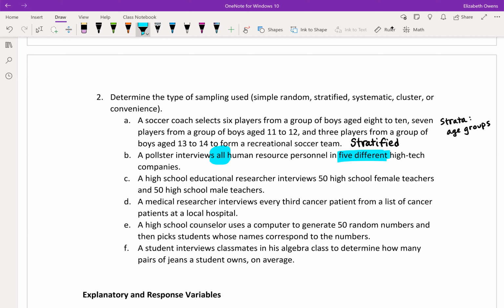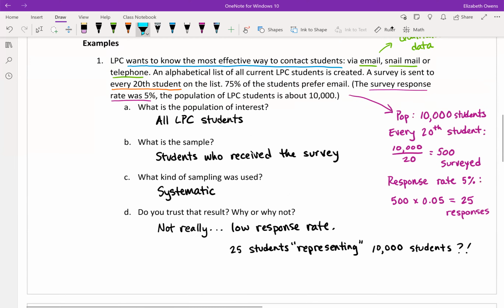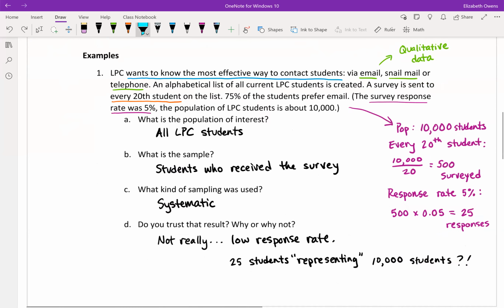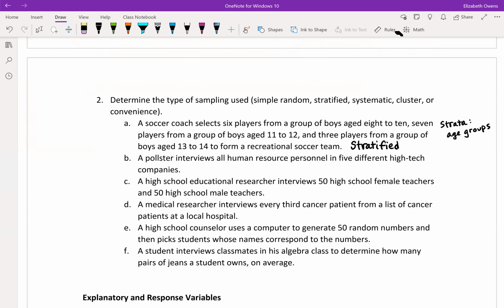So they're taking all of the human resource personnel from some groups here. That is a cluster sample. Okay, so cluster sampling.